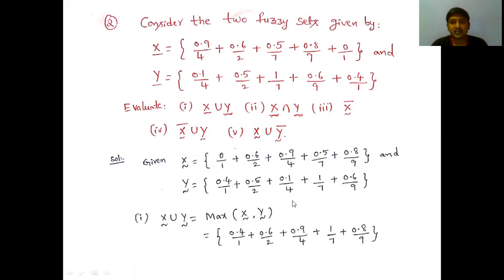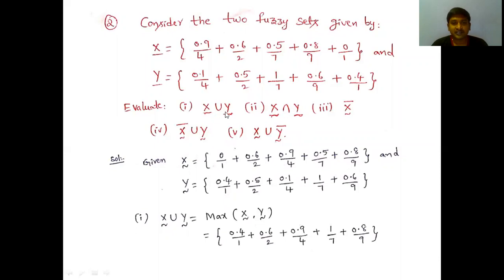So like that 0 by 1 plus 0.6 by 2 plus 0.9 by 4 plus 0.5 by 7 plus 0.8 by 9. So the numerator terms all are represented as membership functions, and here denominator values are represented as the boundary values, and similarly you can write the fuzzy y in an order.